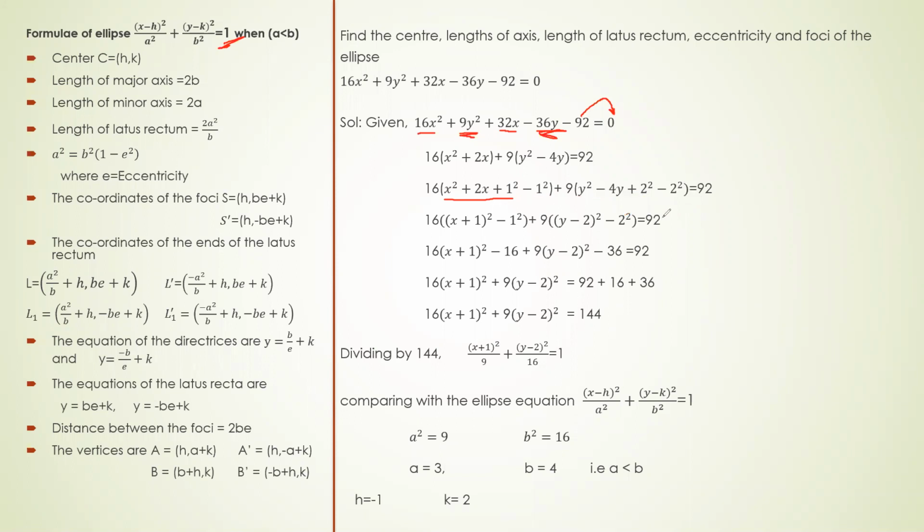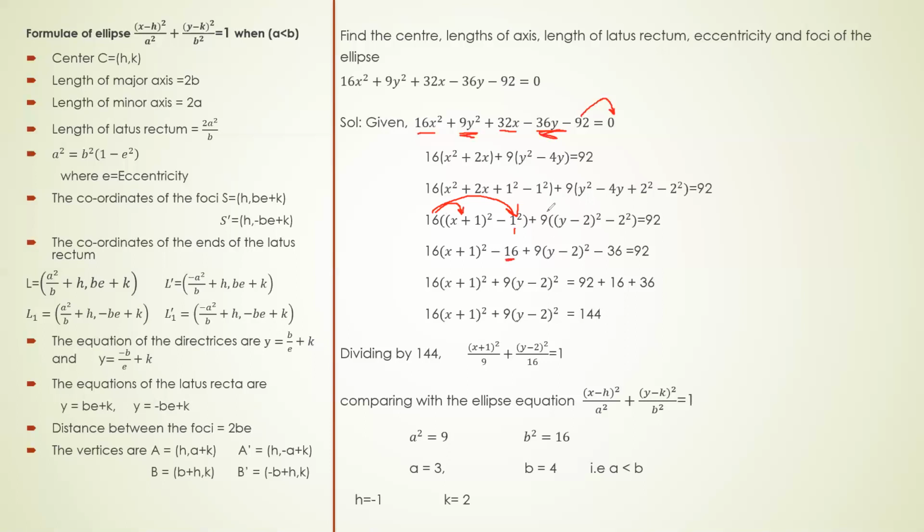Now we are coming nearer to our standard form. Now we can take the 16 inside. So 16 will be applicable to this part as well as to this part. So it will be 16 into (x plus 1) whole square minus 1 square is 1 only. 16 ones are 16, so minus 16.